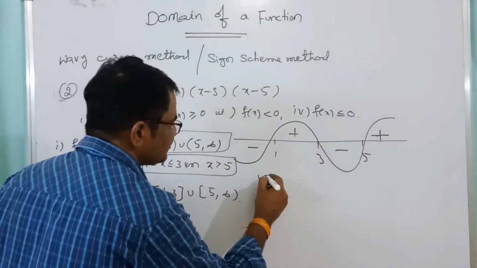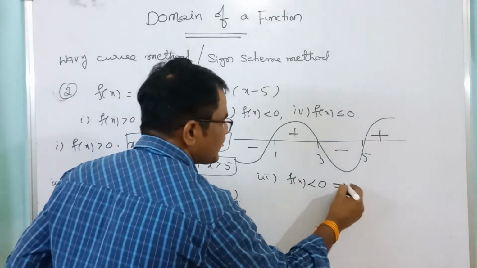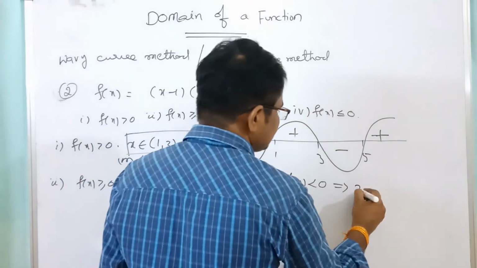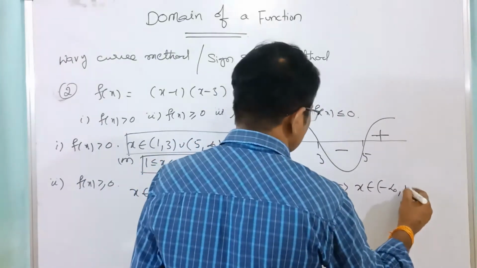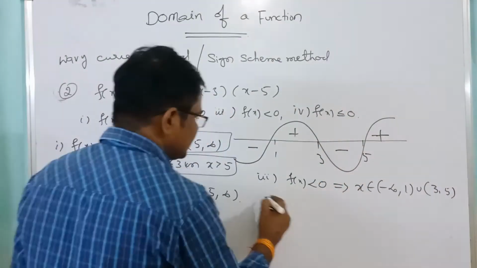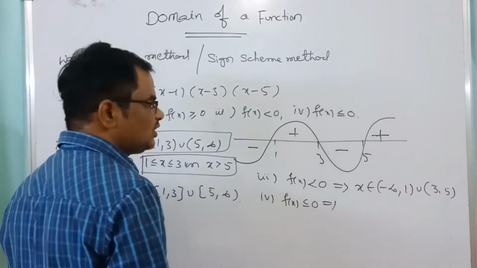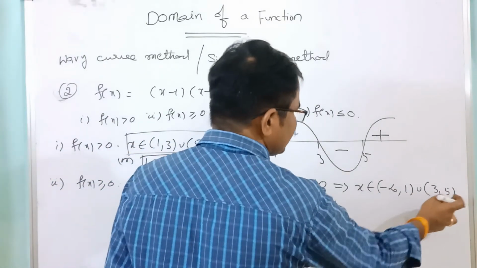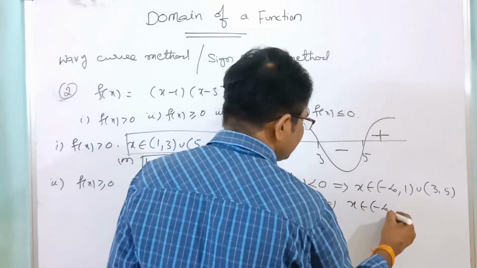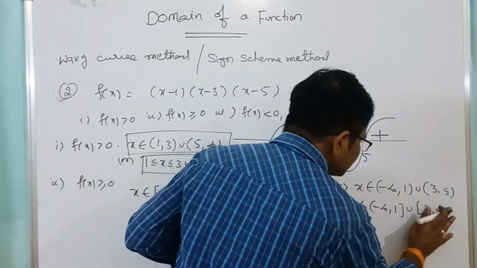Next, the third one, f of x less than 0 means negative, in this area: x belongs to minus infinity to 1 union 3 to 5. Next, the fourth one, f of x less than or equal to 0: equal to also means these two points can be taken, so closed intervals: x belongs to minus infinity to 1 union closed interval 3 to 5.